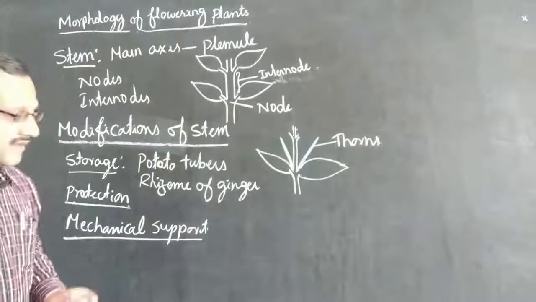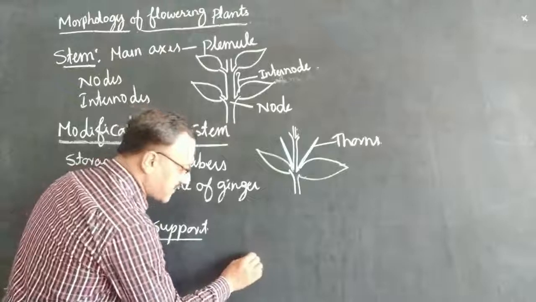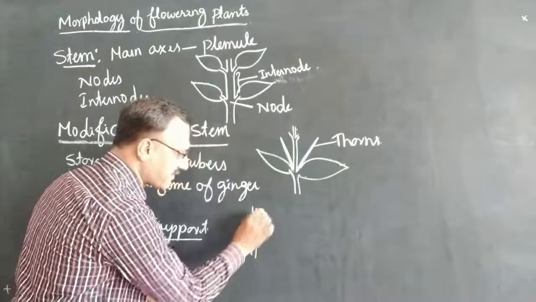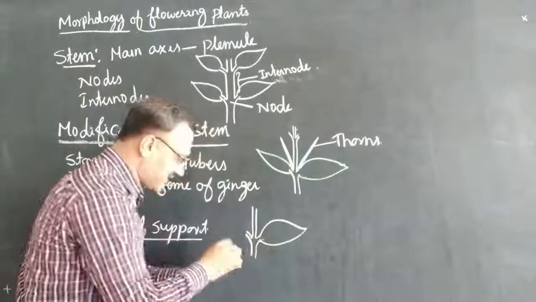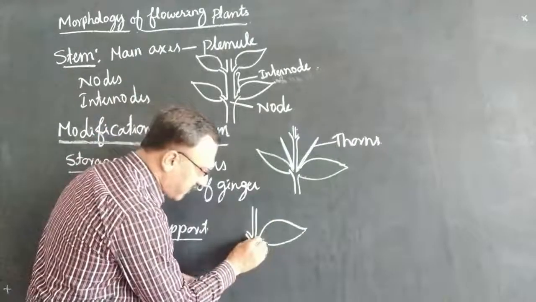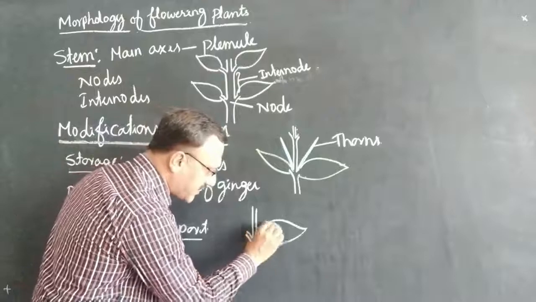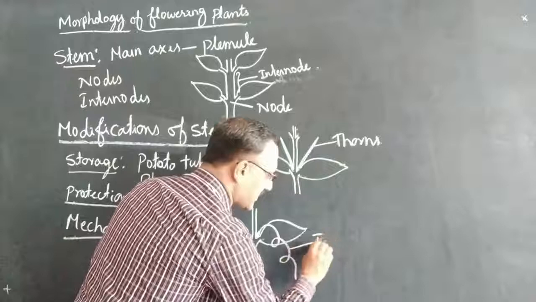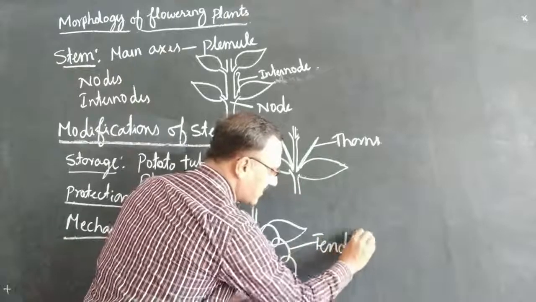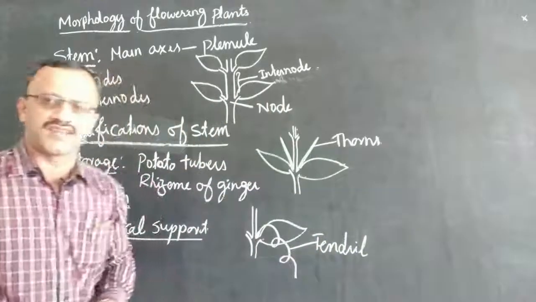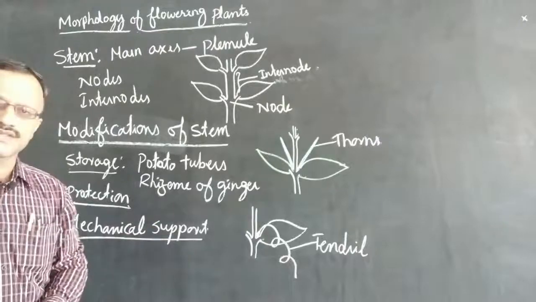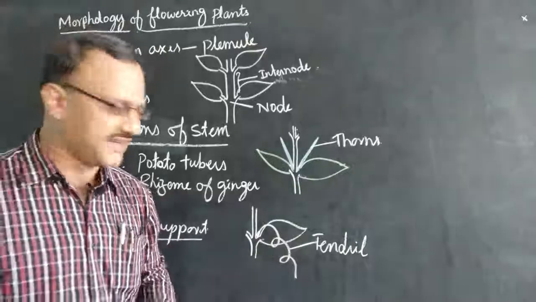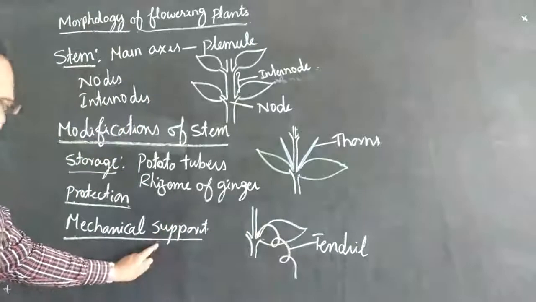In this, the axillary buds found in the axil of the leaf, where the leaves are attached, will develop into tendrils. These tendrils will give mechanical support to the stem, because the stem here is weak, like in climbers, creepers, etc. That is for mechanical support.